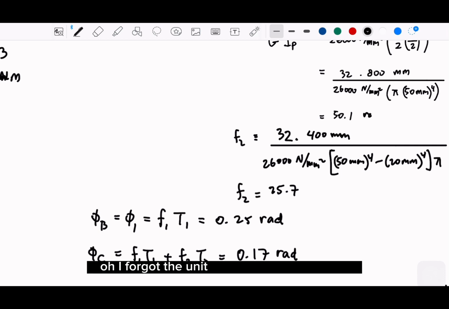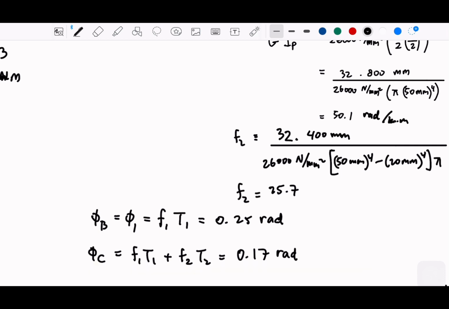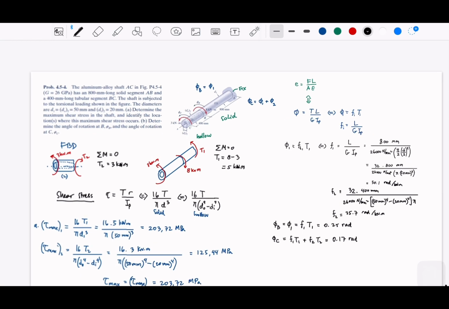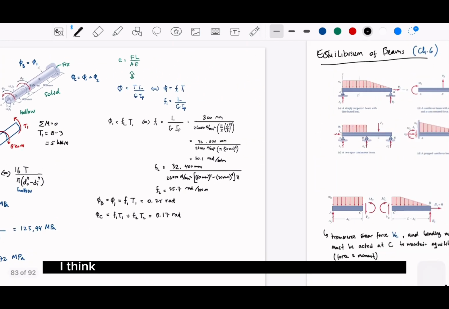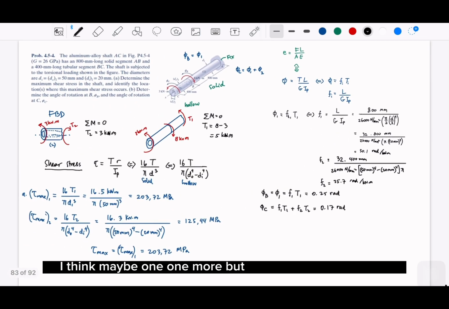Oh, I forgot the unit. This is radian over kilonewton meter. So radian over kilonewton meter. Okay, I think maybe one more, but maybe not complete.